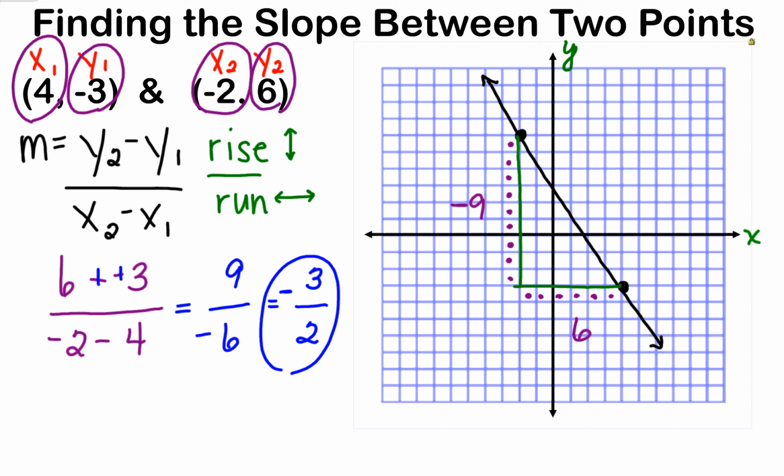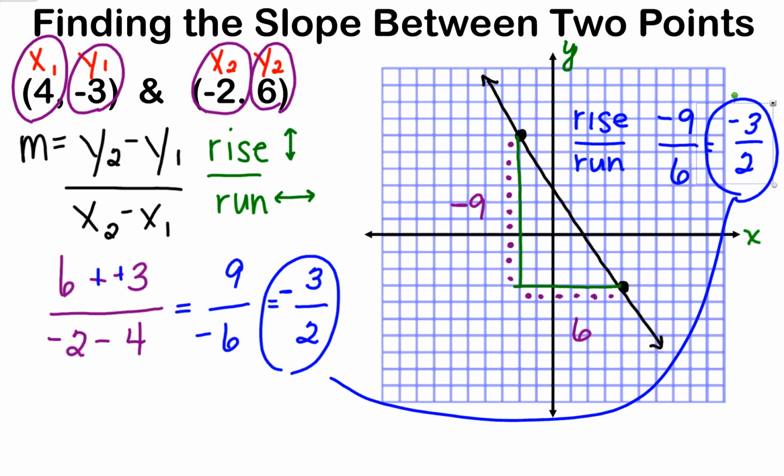Then what I would do is look at rise over run, and I would get negative 9 over 6. Again, I can reduce these because 9 and 6 are both divisible by 3, and I get negative 3 over 2. This slope certainly matches this one, so I know I've done it correctly.